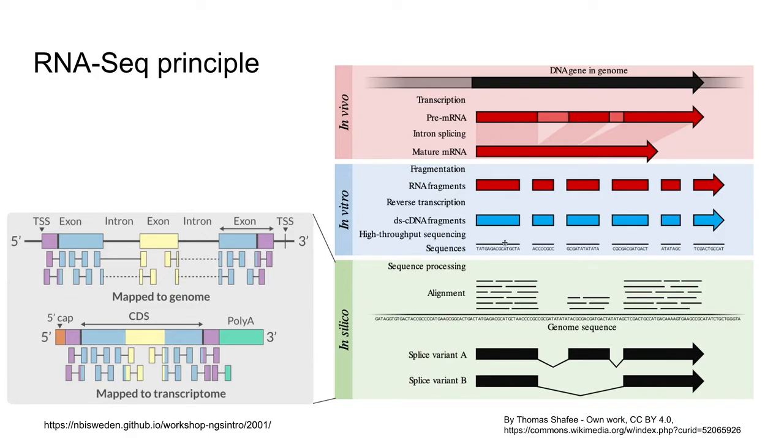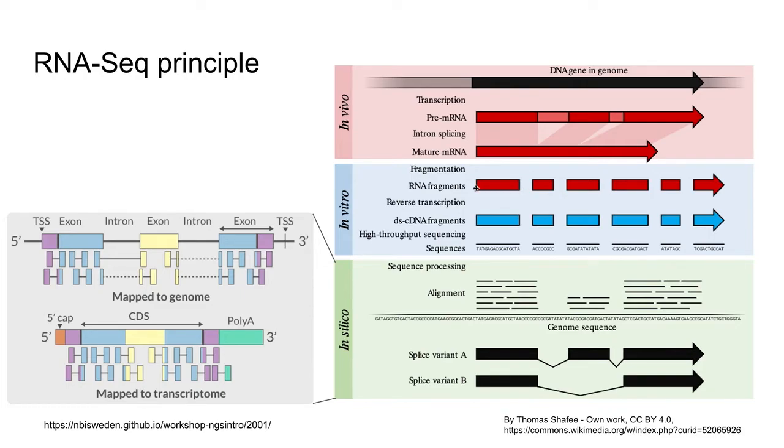On the right side, we start here. You see basically something that I just explained in a more compressed way: you have the premature messenger RNA and then the mature messenger RNA, which is spliced. When we have this mature messenger RNA, we would fragment it after extracting it from the cells, as a concept.